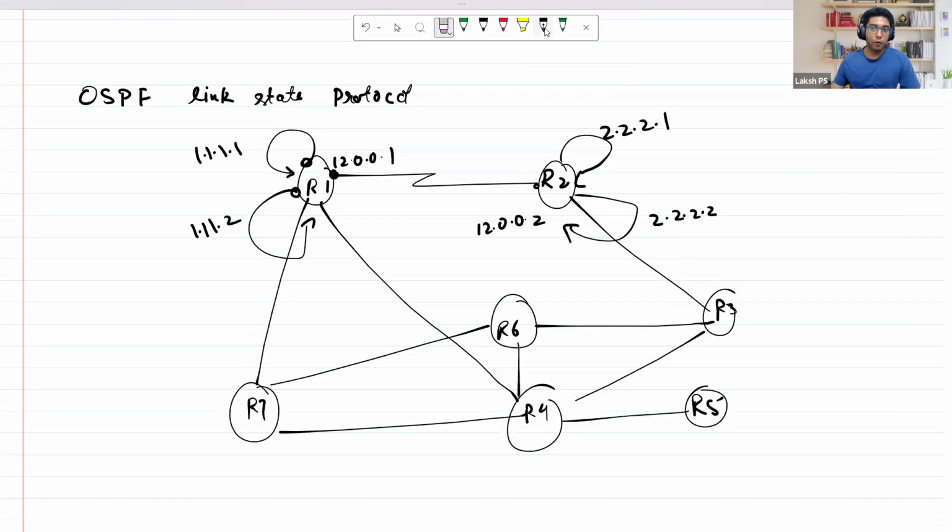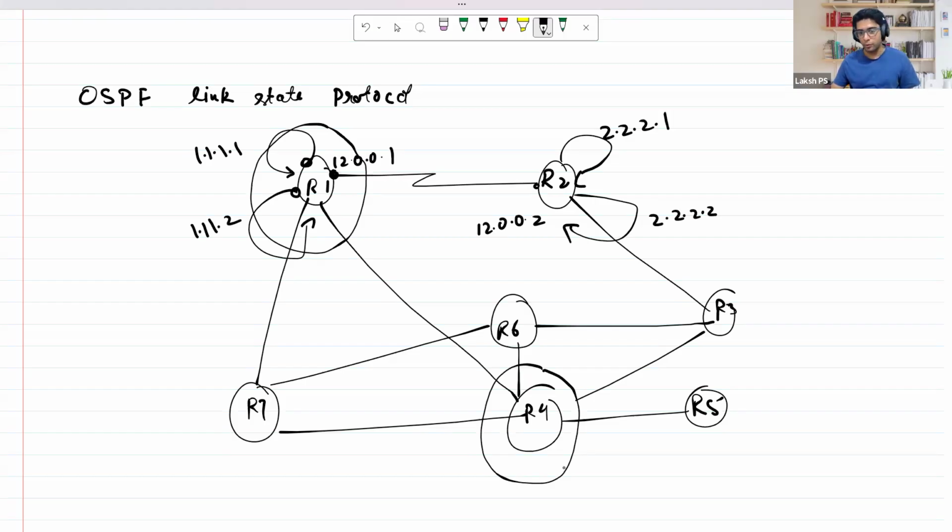It is because from R1, looking at R1's OSPF database, I can tell how R4 is connected.